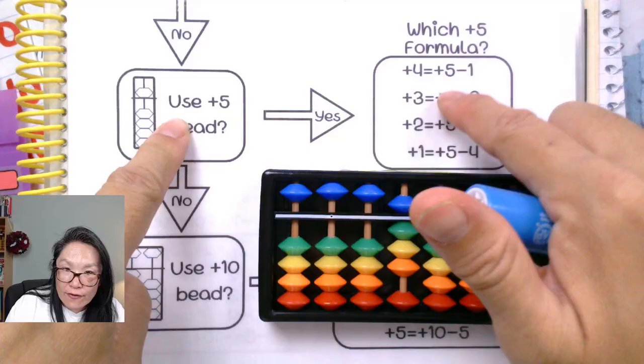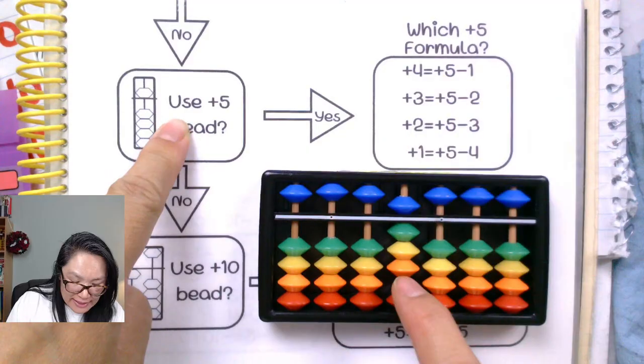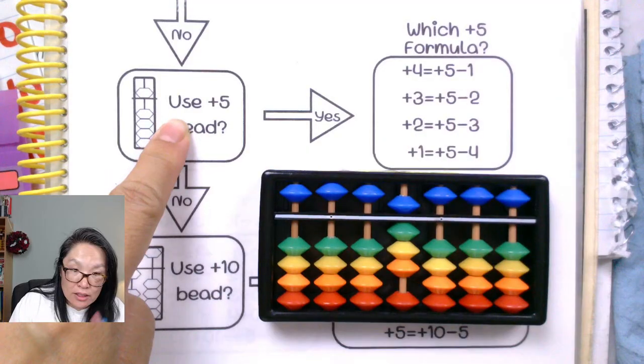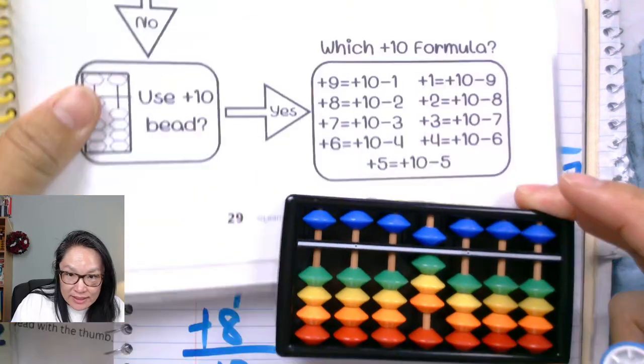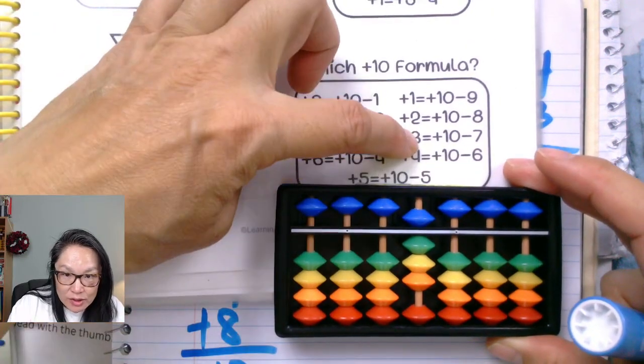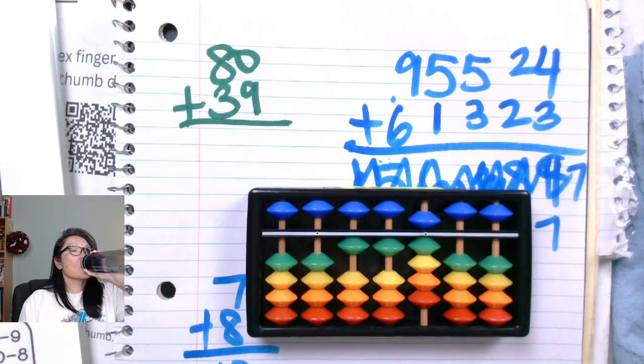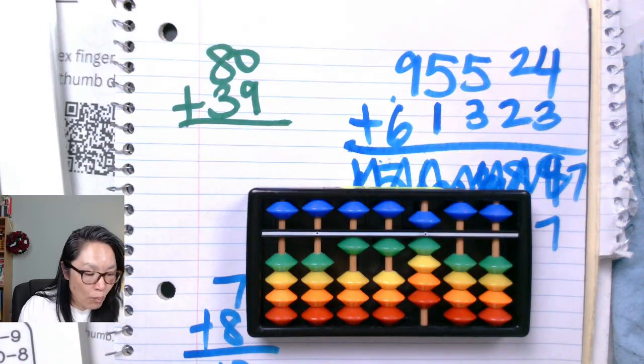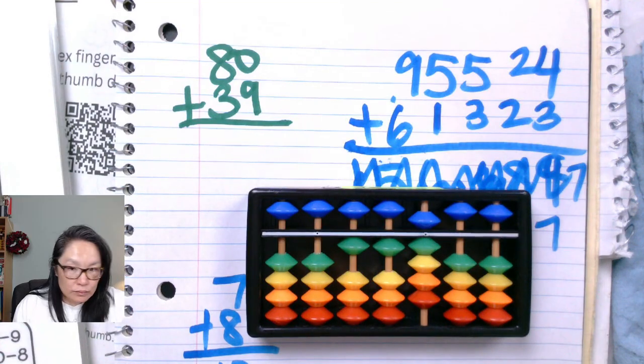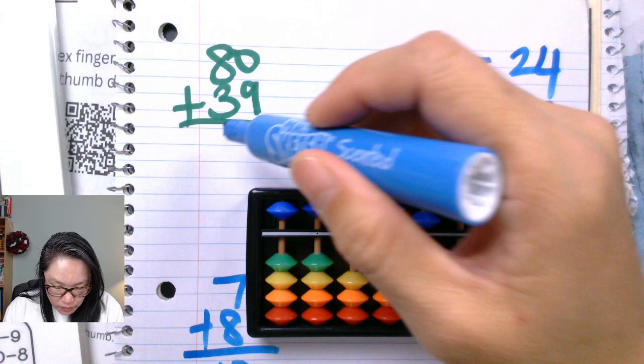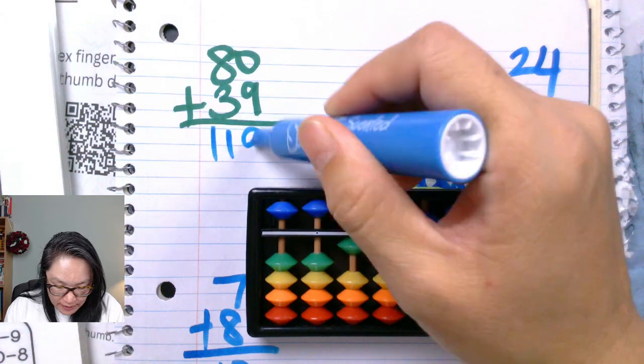Can I add a 5? No, I can't, because I'm already using it. So then to plus the 3, I need to plus the 10. So my final answer is 119. All right, did that make sense?